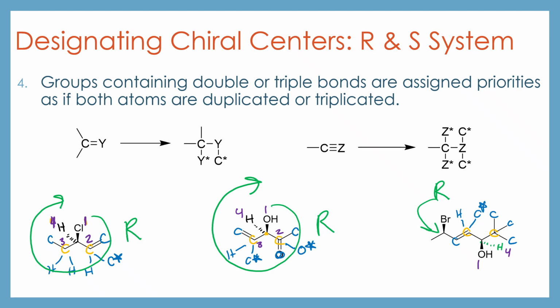So the tert-butyl group is going to be the next highest, and then we have 3. And again, our low priority group is already pointing to the back, so we don't have to do anything special. We're going to connect 1 to 2 to 3. This is going counterclockwise. So this is going to be an S stereocenter.